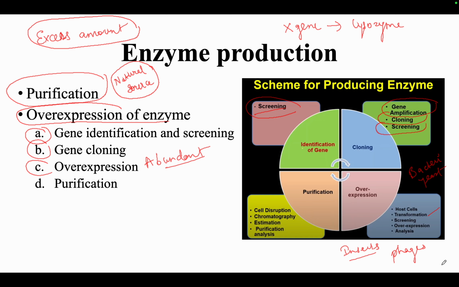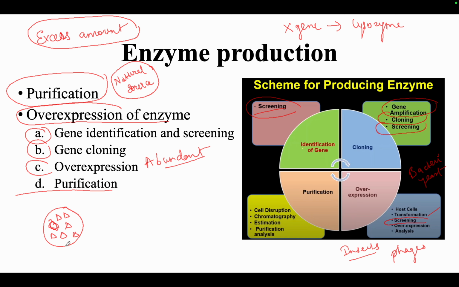And then again, after transformation, we need a screening method to check whether our gene is correctly inserted into the vector. And then we analyze that overexpression. Now the final step is the purification step. So this is our cell with a vector, and it will abundantly produce some X protein which is of our interest.